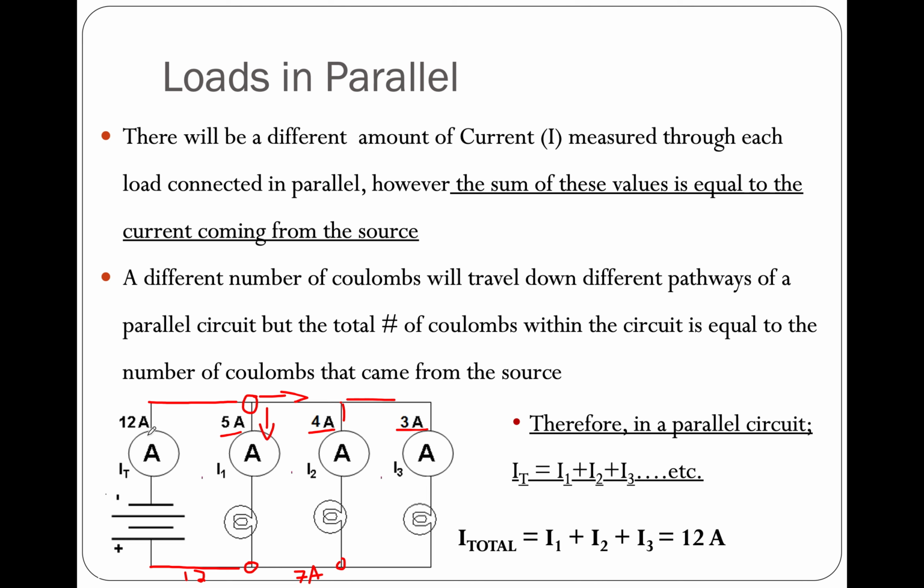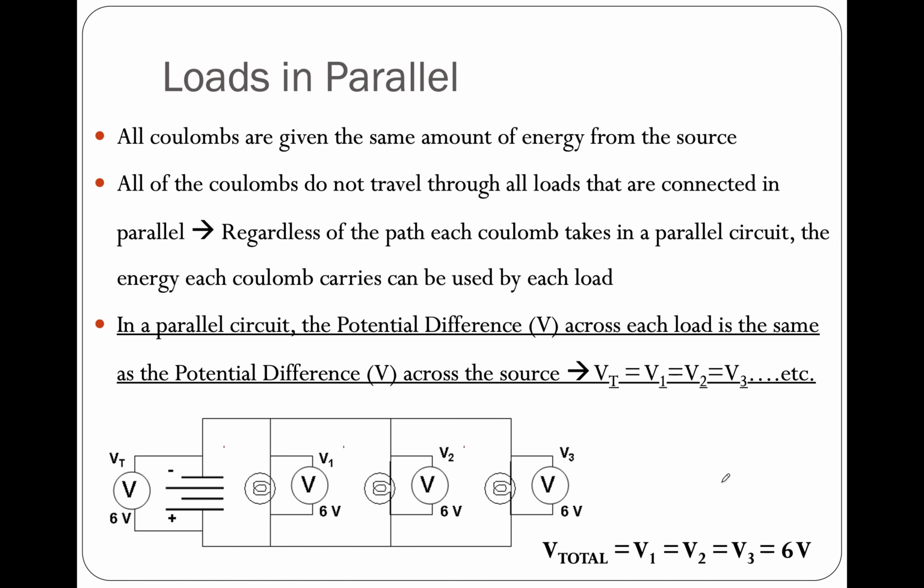This is what we have to work with, and we split it up as we go through. In a parallel circuit, the total current is equal to the sum of the current of the individual loads.